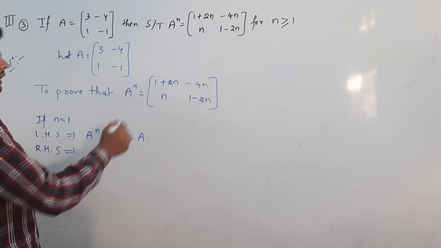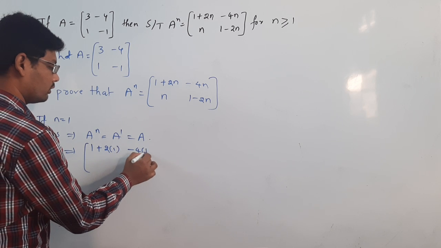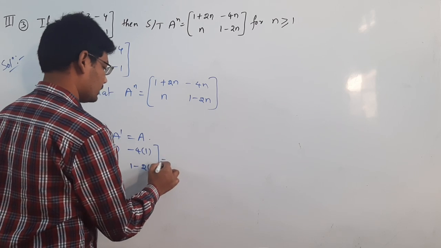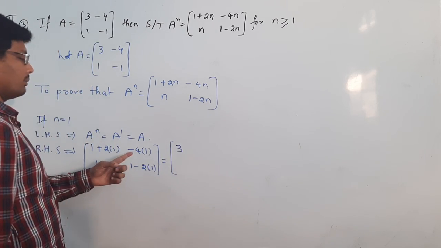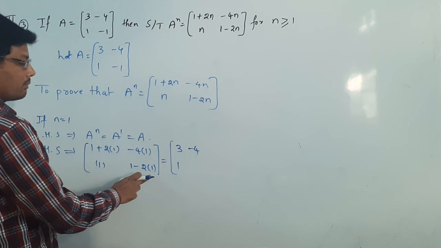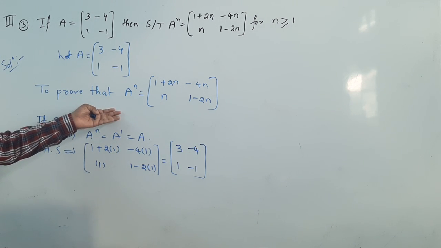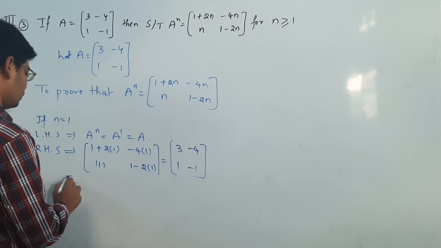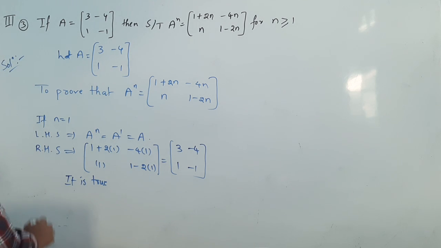Let's substitute n is equal to 1: 1 plus 2 into 1 is 3, minus 4 into 1 is minus 4, and 1, and 1 minus 2 is minus 1. If you observe, if n is equal to 1, we are getting the same as A here. So, it is true.